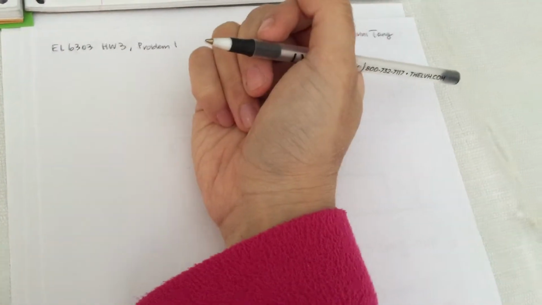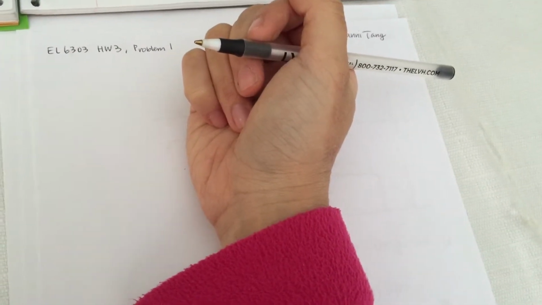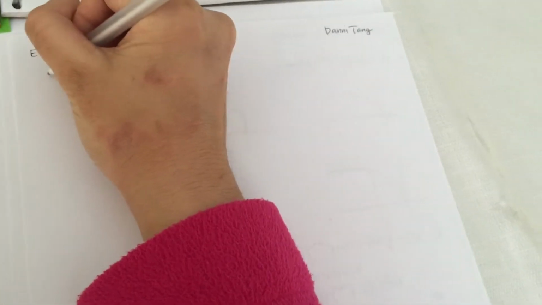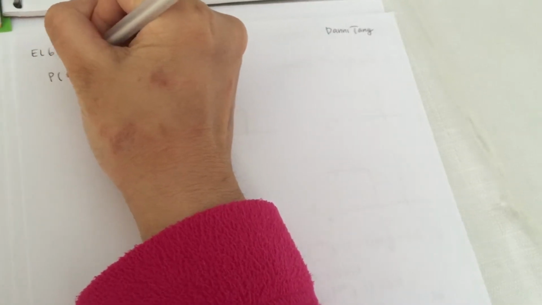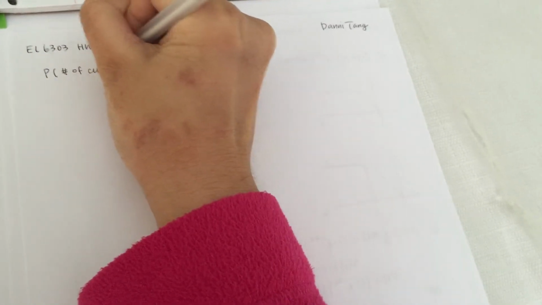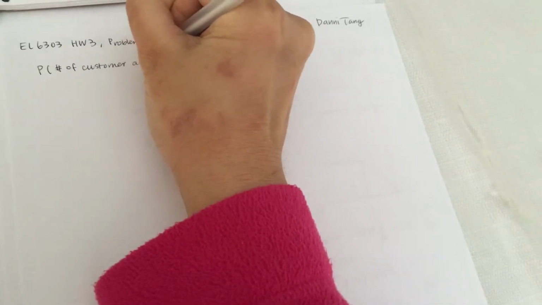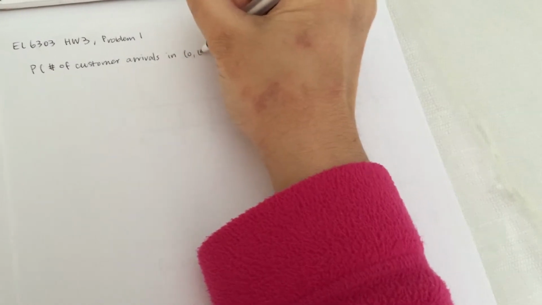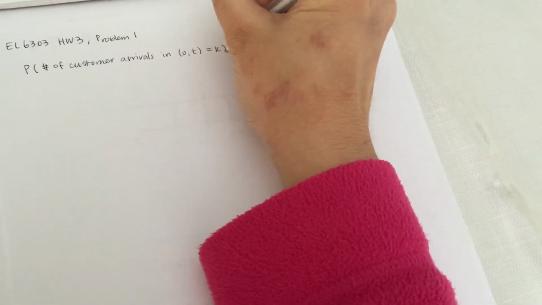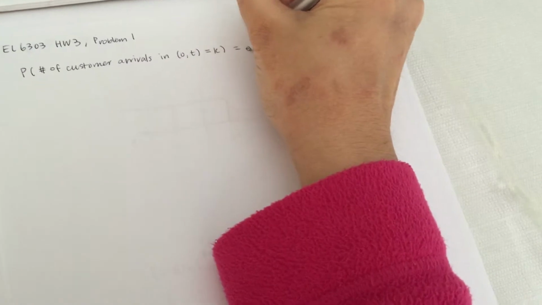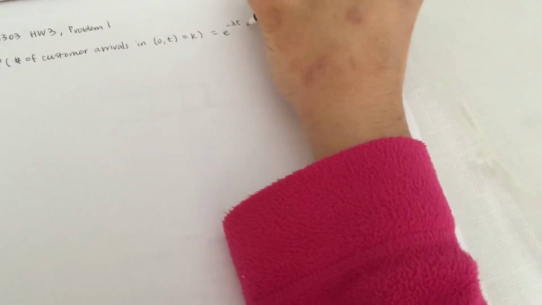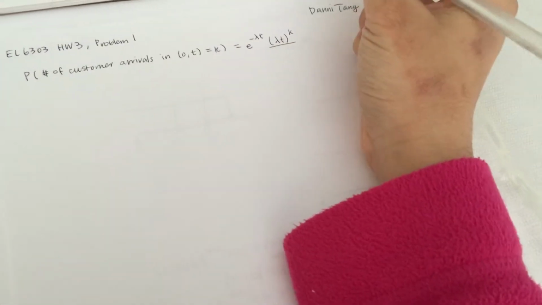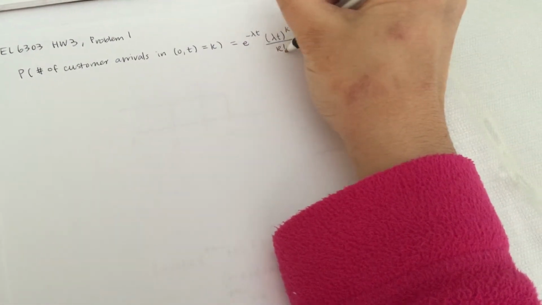Problem 1 asks, they give us the equation for a Poisson process as P, number of customer arrivals in 0 to t minutes equals k, and this equals e to the negative lambda t times lambda t to the kth power over k factorial.